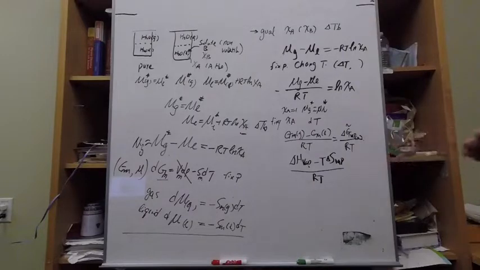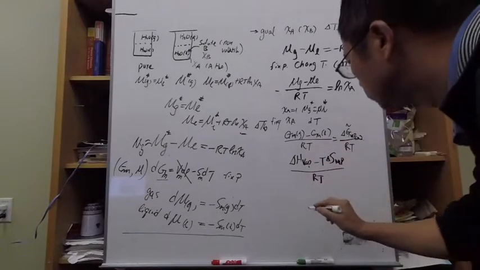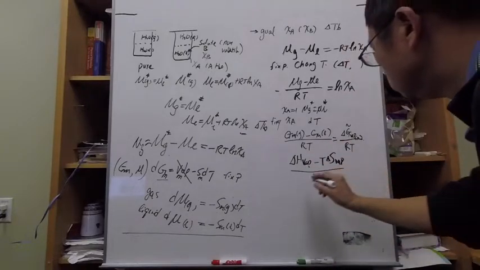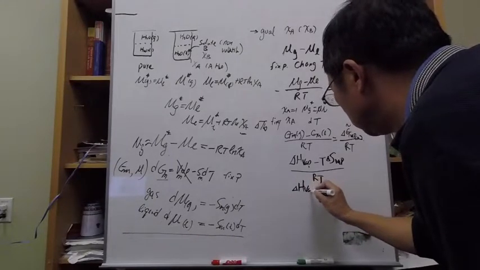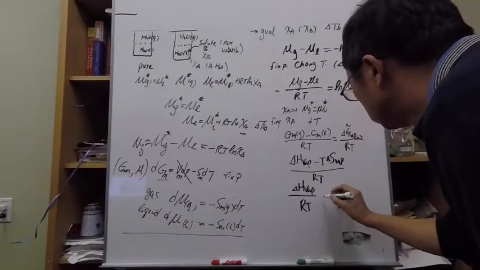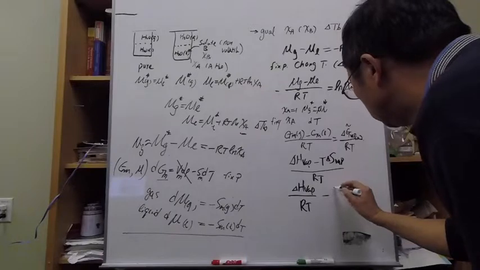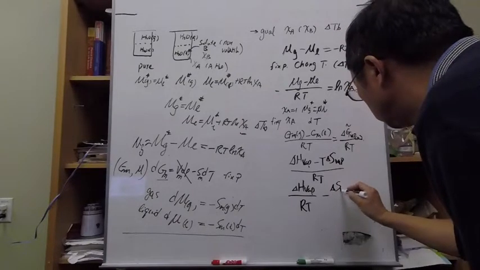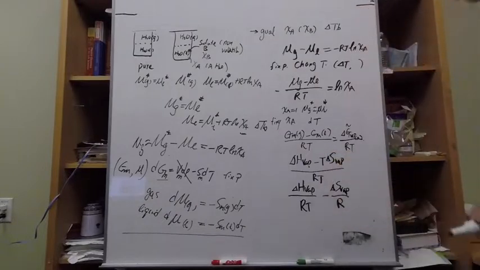So once you have this, you can rewrite it one more time. This will become delta H vaporization over RT minus delta S vaporization divided by R, because the T cancels, right?